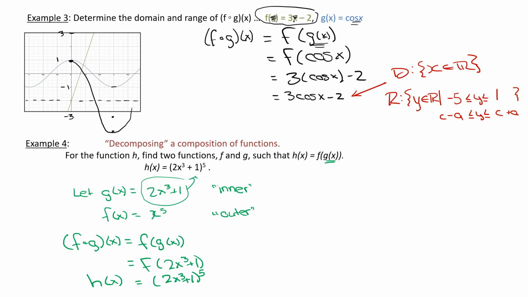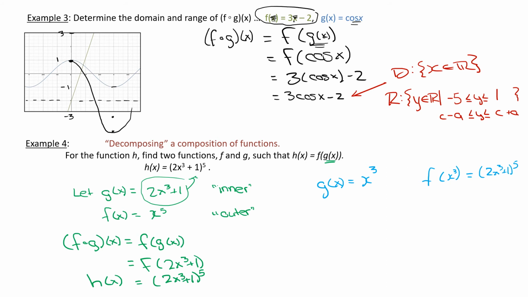There are other solutions. Can you see another one? What if g at x were x cubed? And could you finish that one? Press pause and think about that for a minute. Did you come up with something? So we're looking now at f of g at x, but with g being x cubed. How could I get 2x cubed plus 1 to the power of 5 out of that?